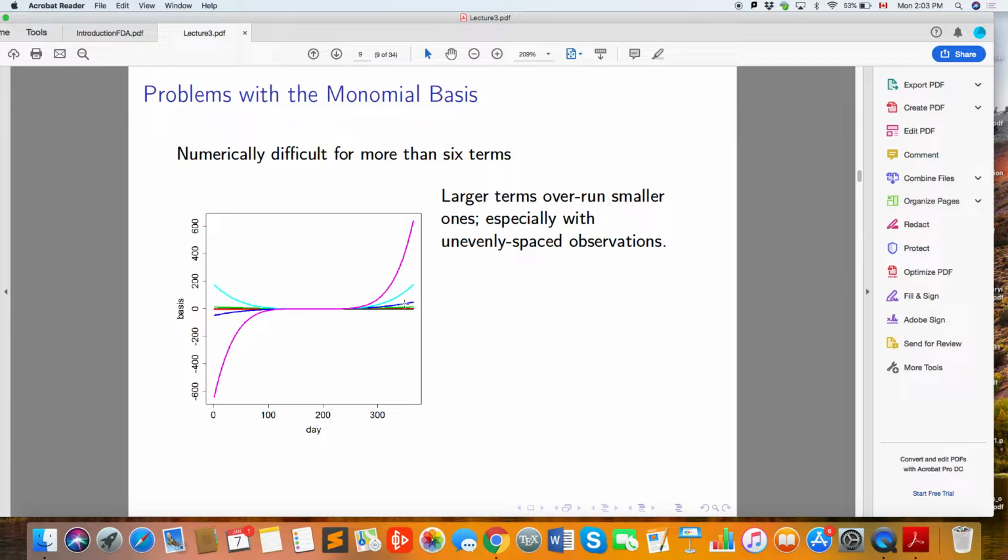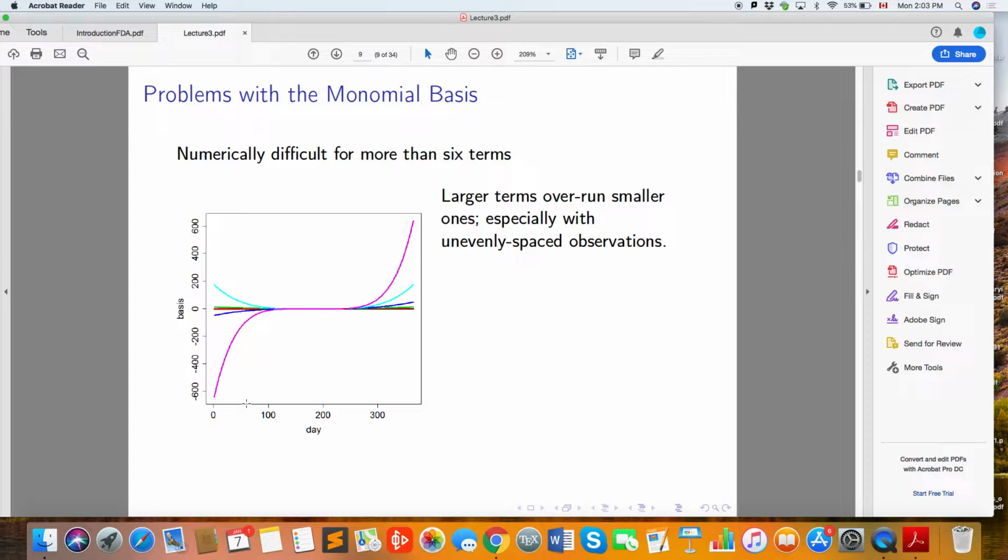Because if you think about it, our t is going from 0 to 365. So 365 to the fifth power is a huge number, right? Therefore, the large terms often dominate the small terms, okay? Which makes the computation much more unstable.